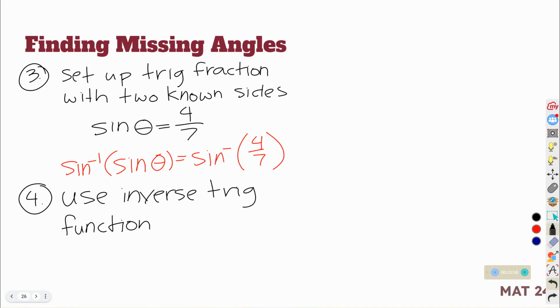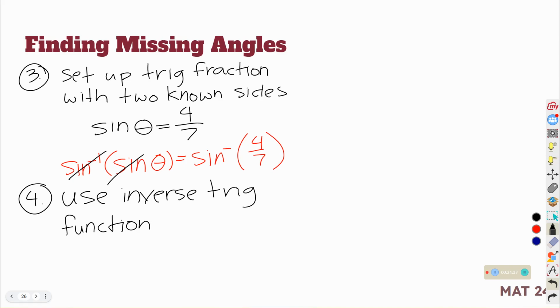We're using the inverse trig function. And the reason we do that is sine inverse and sine are going to undo each other and leave me with the thing that was inside of the sine, the missing angle.